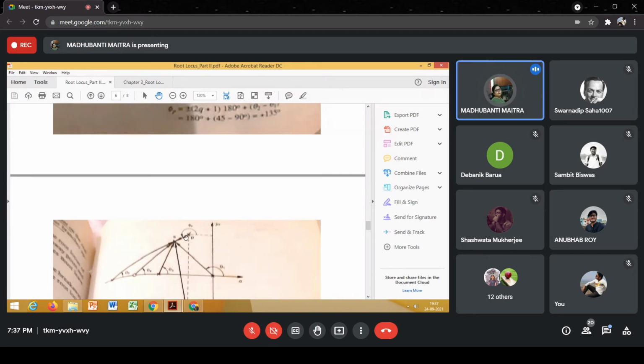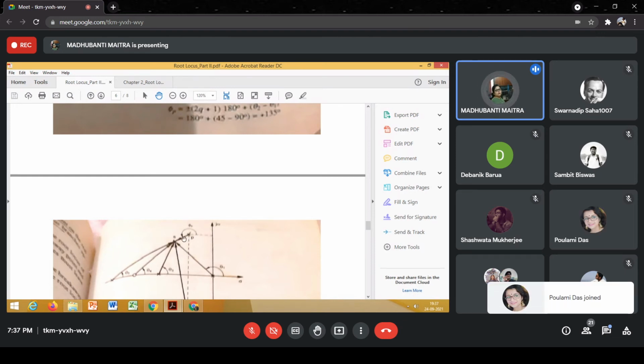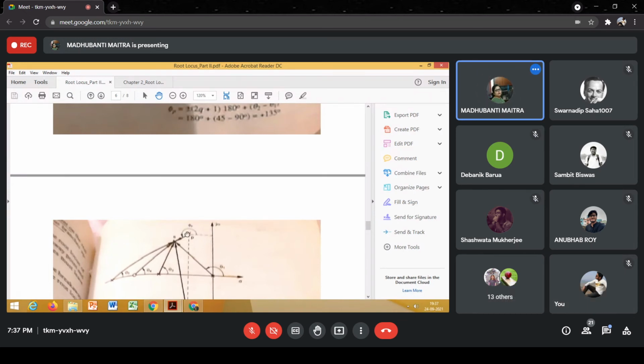Initially, our assumption was s is very close to this particular point. Now, in the limiting condition, we can say that these 2 points are identical. If that be the case, then this phi p will be the angle of departure from this complex open loop pole.